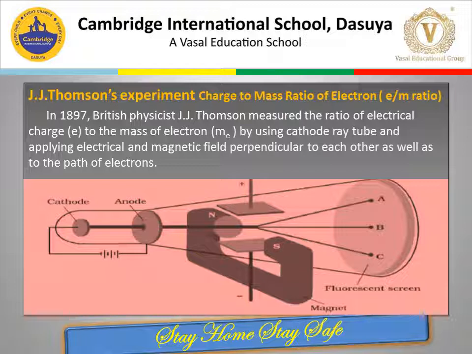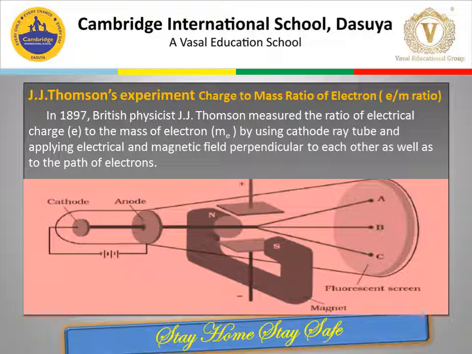In absence of any electrical or magnetic field, the cathode ray falls on point B on the fluorescent screen. So whatever glow or blip will be seen, it will be seen at point B only, which is at the center in a straight line.